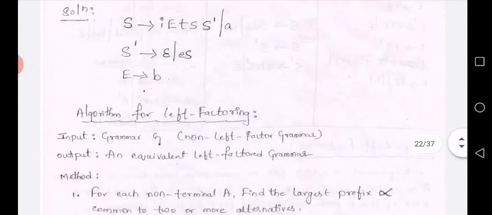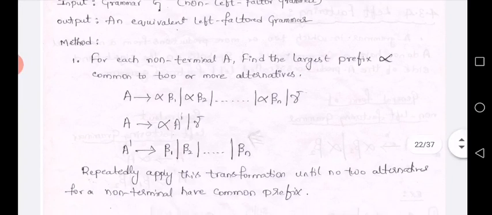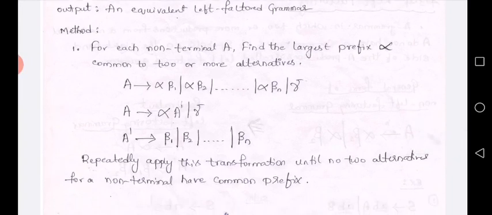So here we have the algorithm. If we have such kinds of prefixes, they will be eliminated by this algorithm. Very simple. For each non-terminal A, find the largest prefix alpha common to two or more alternatives.